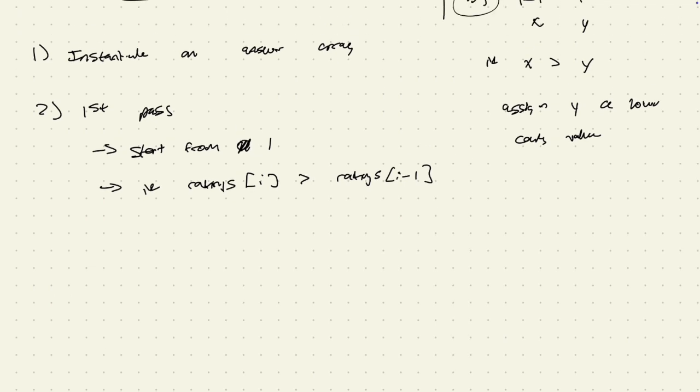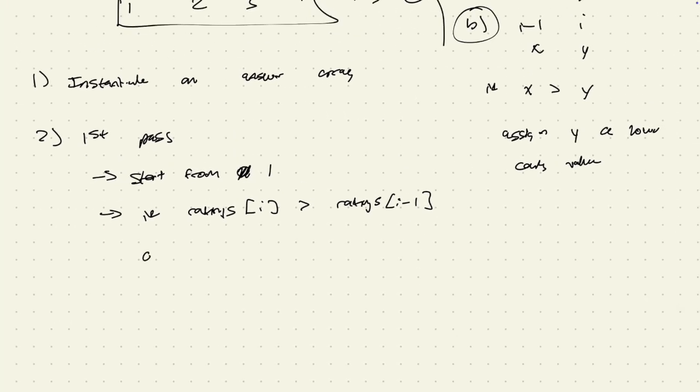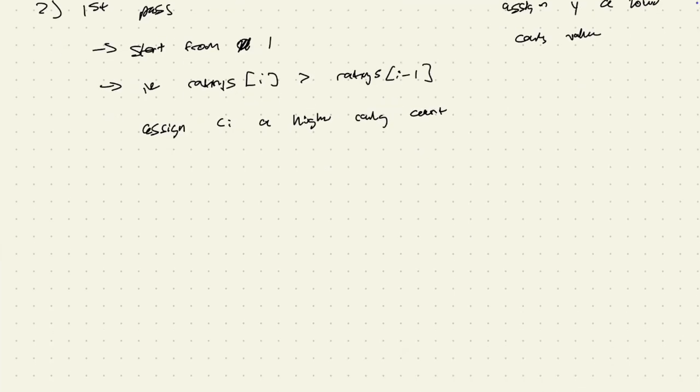Okay, so we're going to assign child I, I'm just going to denote this by CI, a higher candy count. And for this, we can just be greedy and say answer at I is going to be answer I minus 1 plus 1, right?